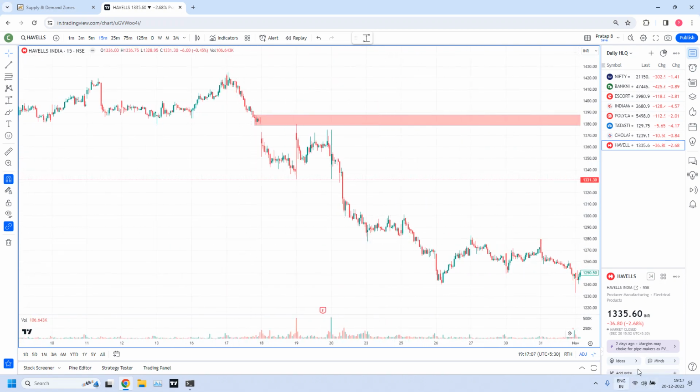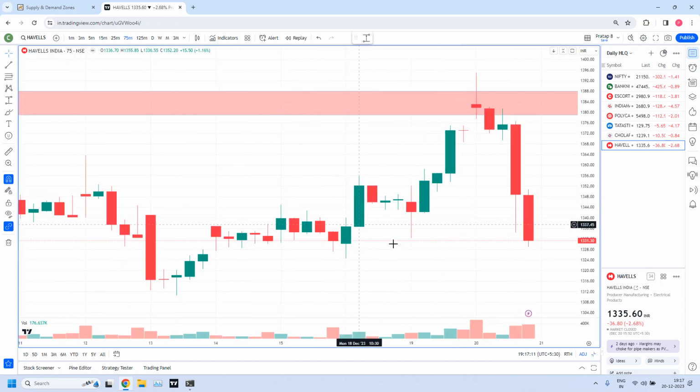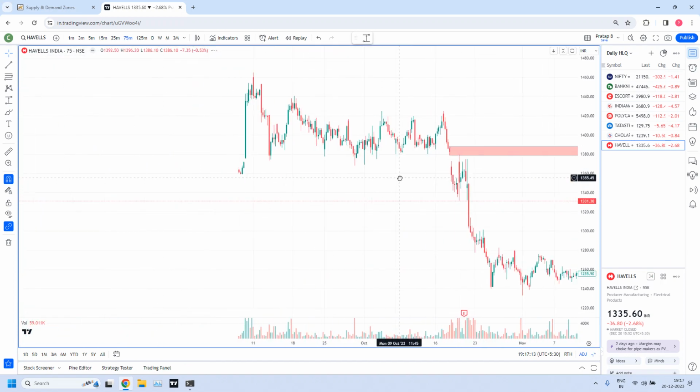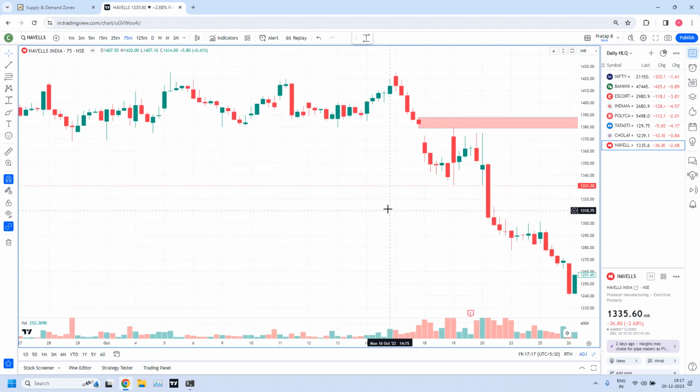See this 75. First let me show you. This is a 75-minute zone. We have a leg candle, a medium size leg candle, a base candle with hidden body, we have a drop candle.